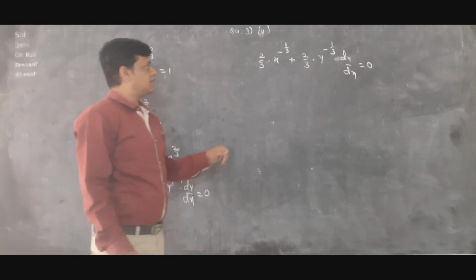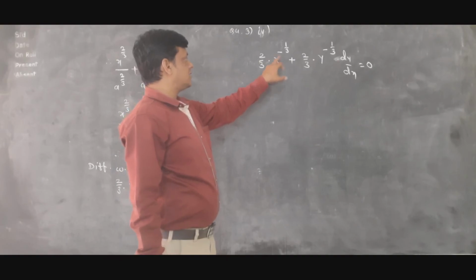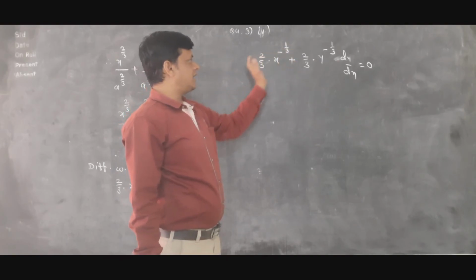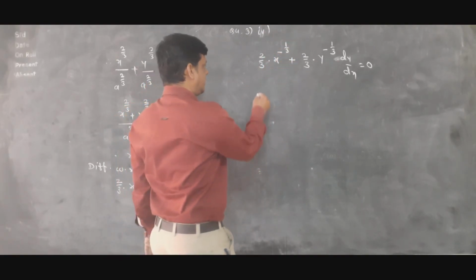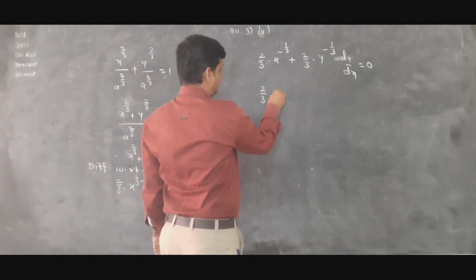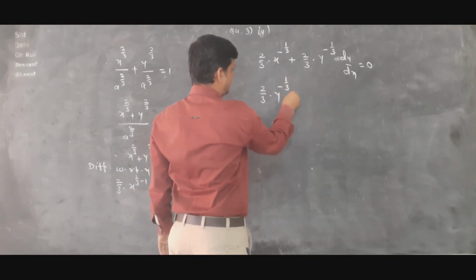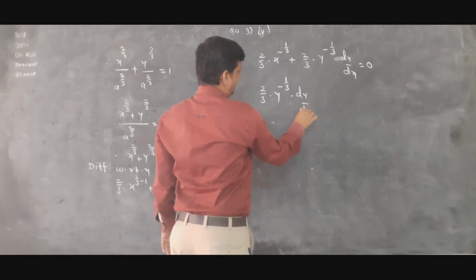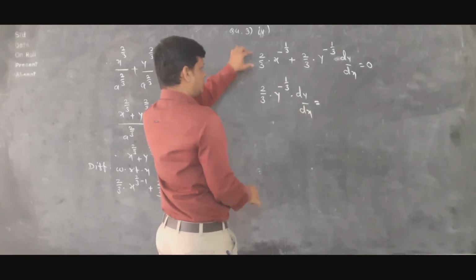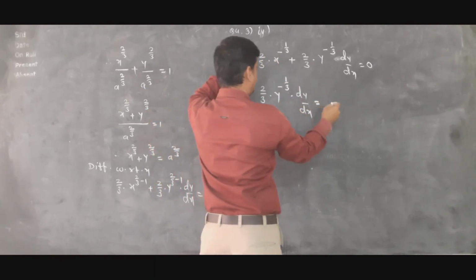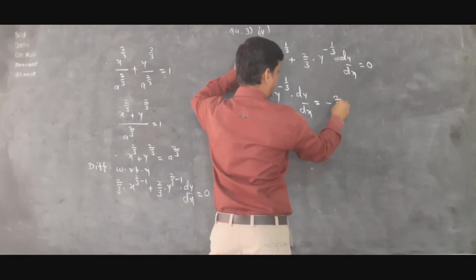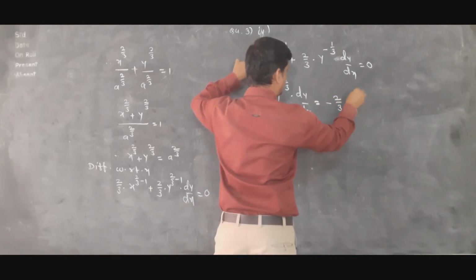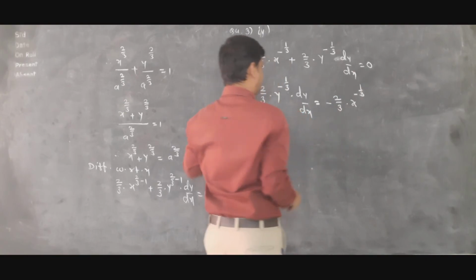Now we transfer this x raised to the power minus 1 by 3 to the right hand side. So write here 2 by 3 into y raised to the power minus 1 by 3 into dy by dx is equal to minus 2 by 3 into x raised to the power minus 1 by 3.